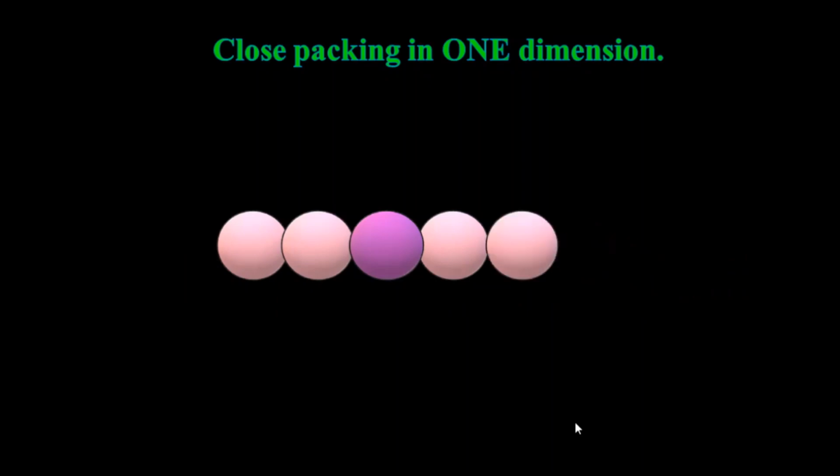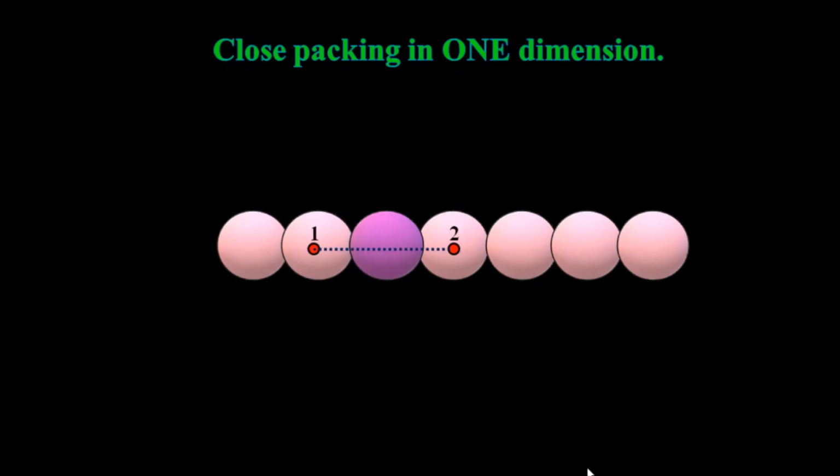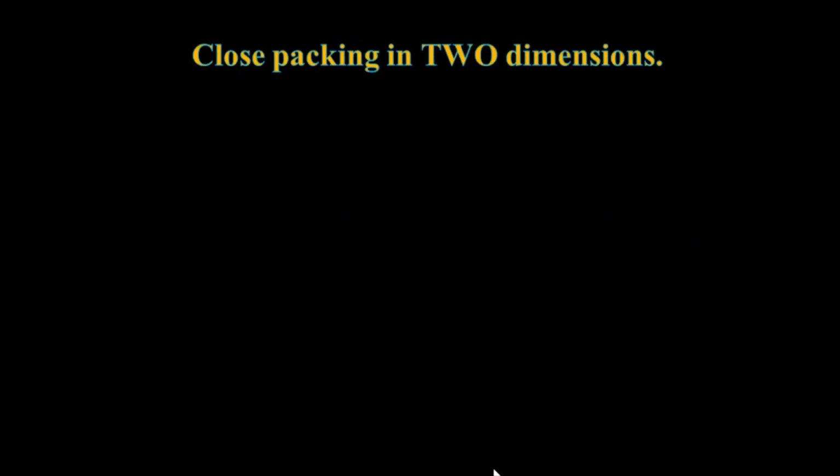Here, the spheres are arranged in one dimension along the x-axis. That means this violet color sphere is in contact with these two other pink color spheres. So the coordination number of each sphere in close packing in one dimension is 2.